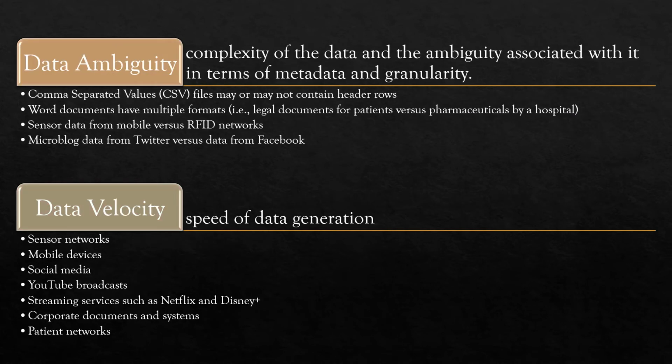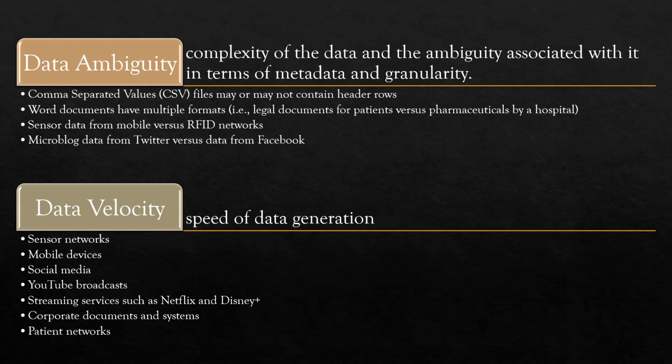Okay, then we have data ambiguity, the complexity of the data and the ambiguity associated with it in terms of metadata and granularity. So examples are CSV, comma separated values, from Excel. Okay, there are different formats for CSV and normal Excel. Okay, Word documents have multiple formats.